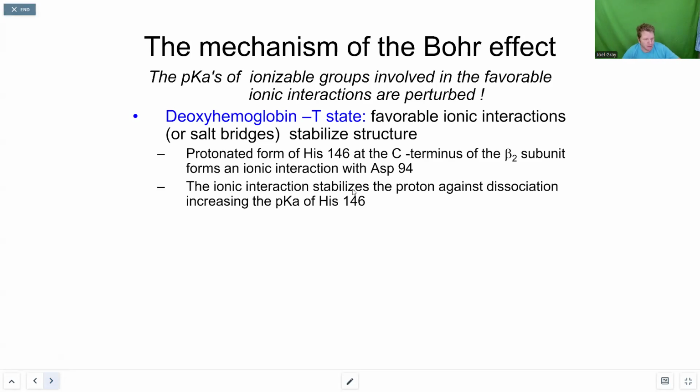That's kind of interesting because it's almost like doubling down. When we have this interaction present, we're going to make sure that interaction stays present, because that's going to cause our pKa to go up. Now, this is something we haven't really talked about that much.